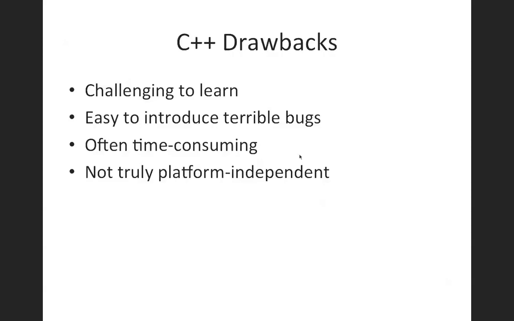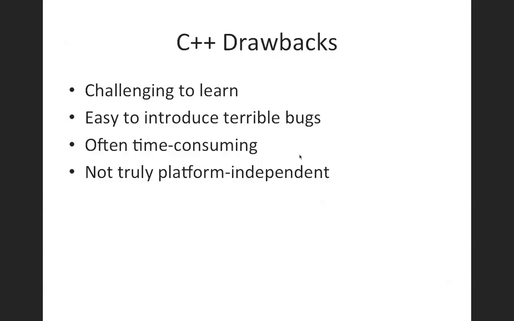So if you want to write, let's say, a desktop program, you can do it in C++, and it's going to be very fast usually if you do. But it's not so easy to write desktop programs in C++. There are other languages that make it easier.